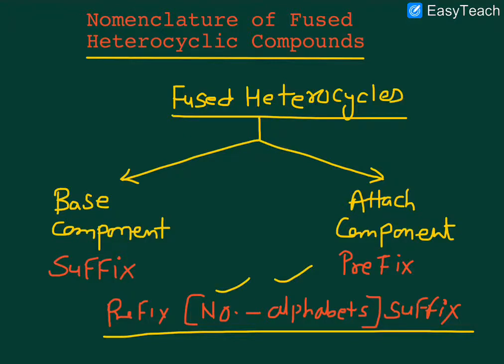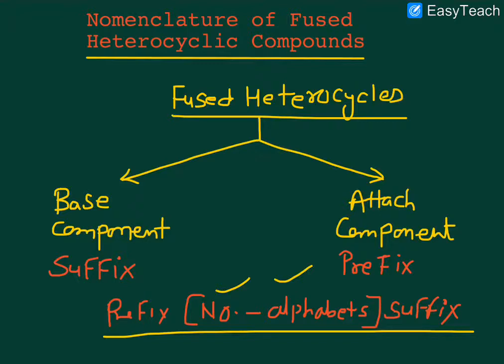The bonds of the base component are alphabetical, because we use alphabets for the bonds of the base component. What type of bonds? The bonds which are directly attached to the attached component use alphabets in the nomenclature of fused heterocyclic compounds.